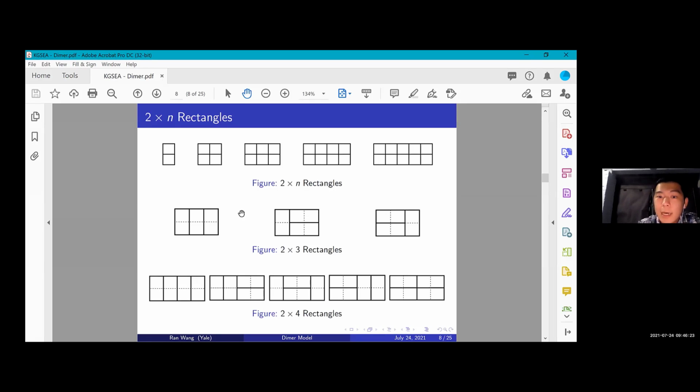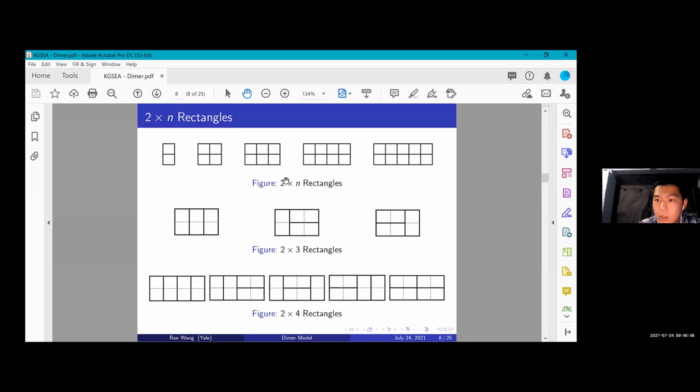So we can see that for the 2 times 3 rectangle, we can either put a vertical domino on the left to cover the upper left corner, or a horizontal one. If we put a vertical one, then the rest of it becomes a 2 times 2 rectangle, and we know that we have 2 ways to tile it.